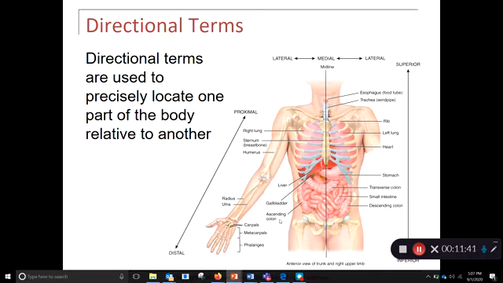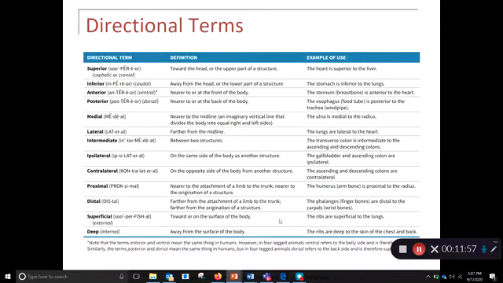If you're saying that somebody's got some cuts and bruises on either arm or on either side of the trunk, you could refer to it as contralateral. Contra means against or opposing. So contralateral means opposing sides or different sides.